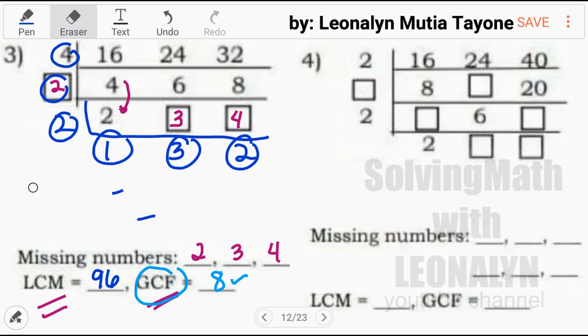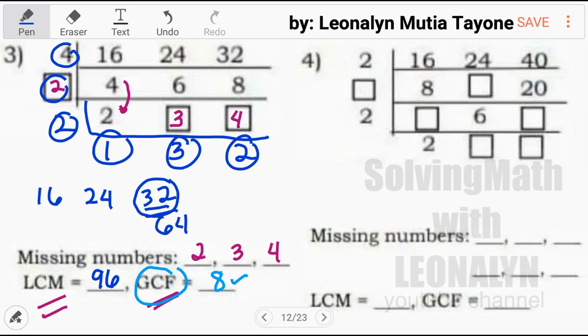Another way, in finding the least common multiple, tingnan mo sa tatlong numbers na ito kung saan dyan yung pinakamalaki. 32. Si 32, ma-divide ba ni 24? Hindi. So ngayon, hanapan natin yung multiple of 32. That means 32 plus 32, ang next dyan ay 64.